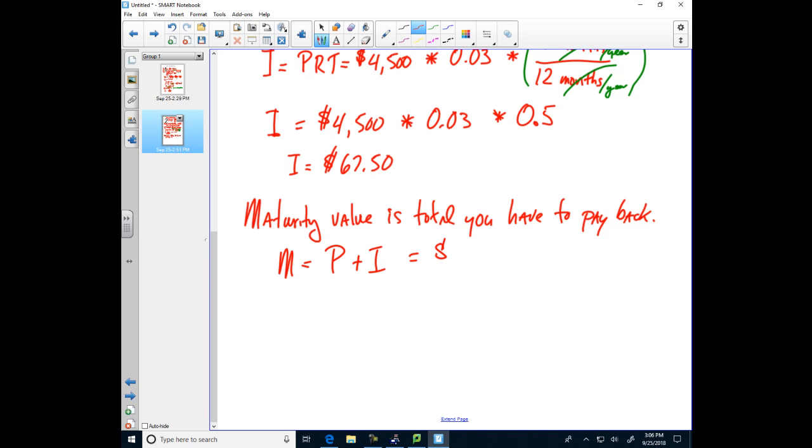In this case, we borrowed $4,500. We just got through calculating the interest for 6 months at $67.50. So for this particular loan, the maturity value is $4,567.50.